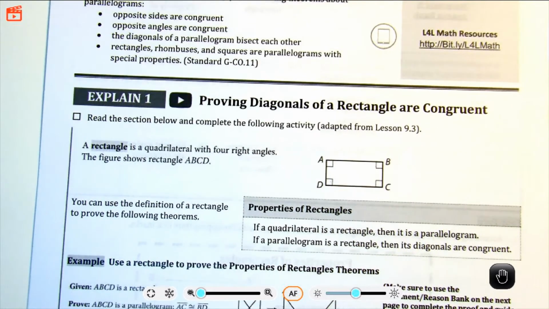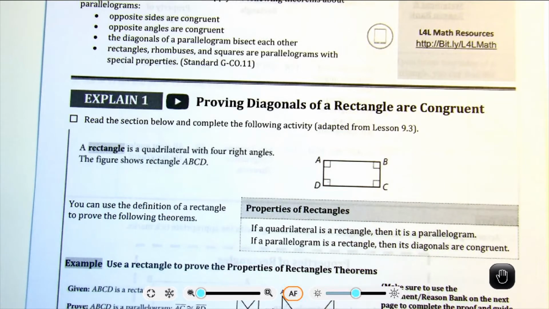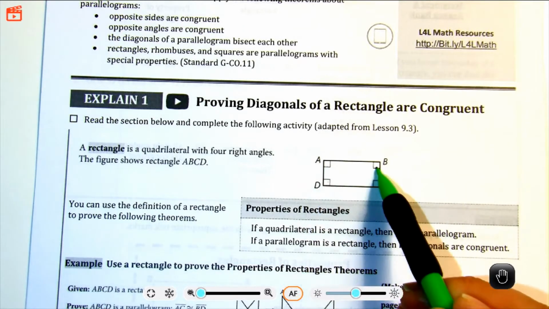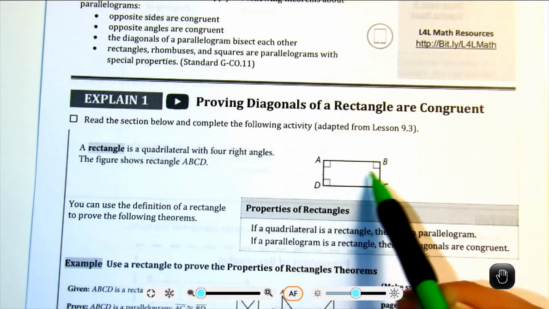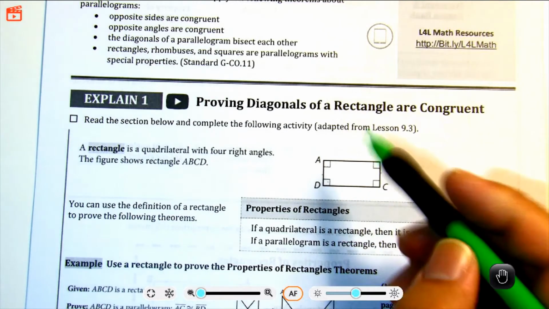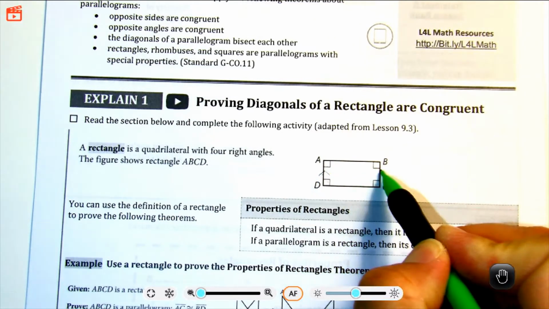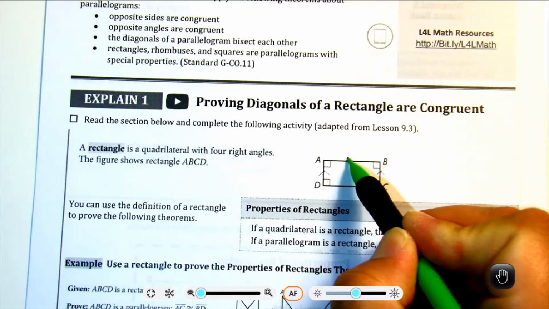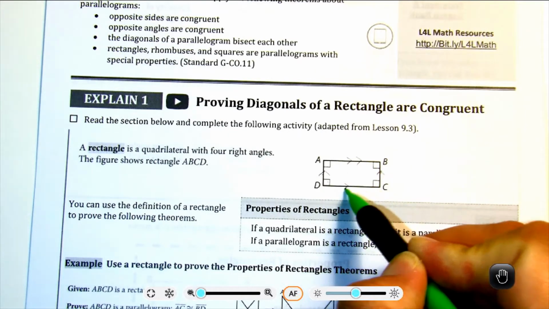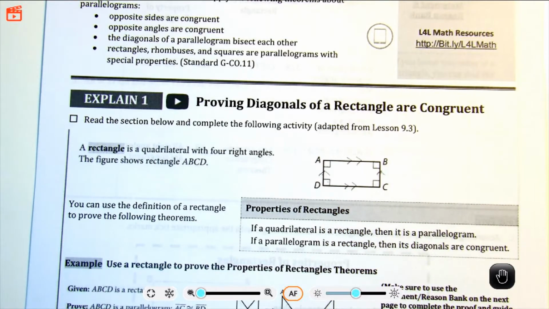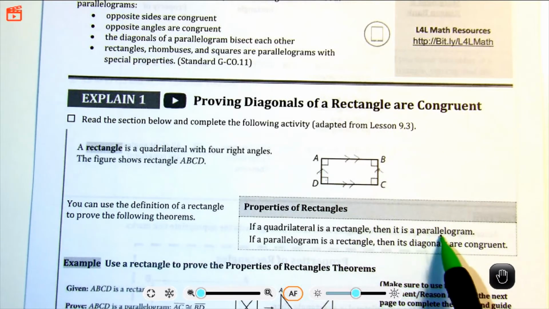If a quadrilateral is a rectangle, then it is also a parallelogram. Because these are right angles, these lines are parallel to each other, and these lines are also parallel to each other, which would make this a parallelogram.